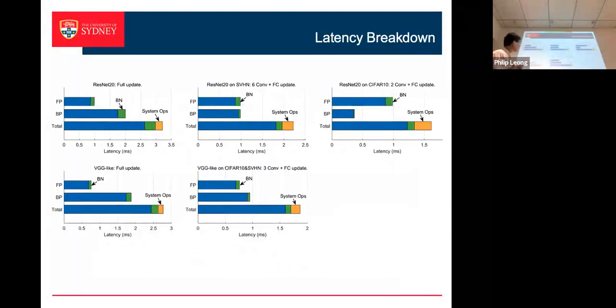If we look at the total latency, if we do full updates, we require about 3 milliseconds. If we only do 6 convolutional layers and the fully connected layer, this reduces to about 2. And if we only do the 2 convolutional layers and the fully connected, it's about 1.5 milliseconds latency, which is half that of the full updates. We applied that to ResNet 20 and also a VGG-like network with similar results.